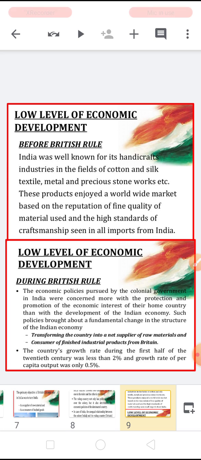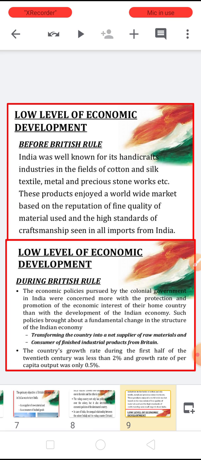So the condition of economic development before the British rule was very good, and India was well known for its handicraft industries in cotton and silk textiles.